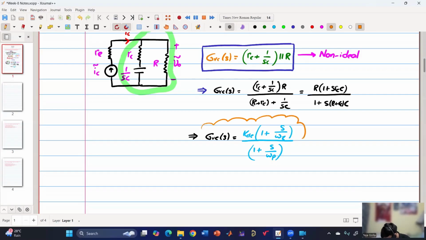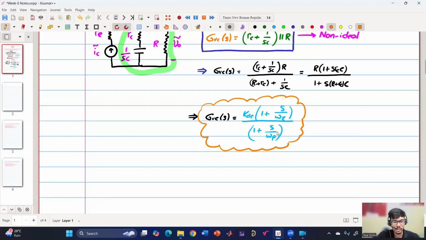Now can you tell me the expression for KDC as well as omega Z and omega P, if you have derived? KDC equals R. Very good.